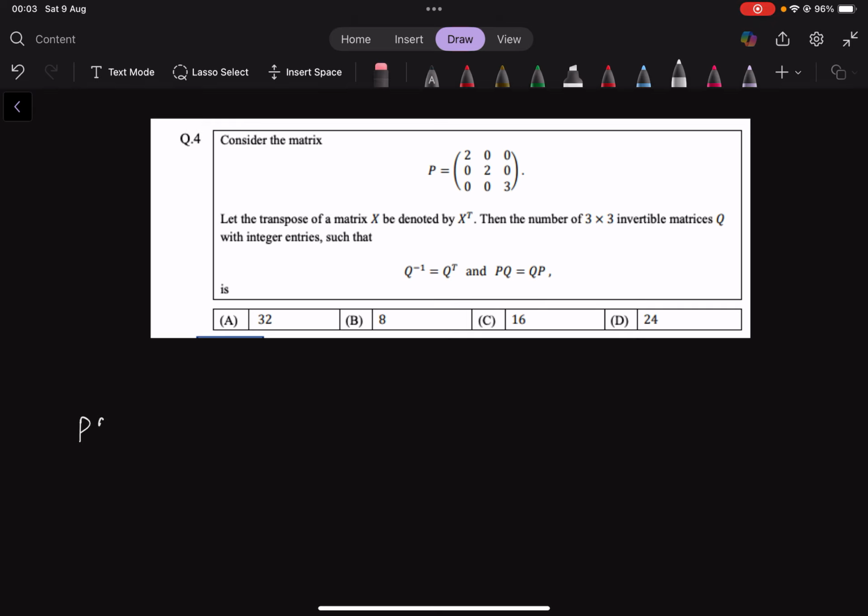So first, let's say Q is some matrix A11, A12, A13, A21, A22, A23 and A31, A32, A33.